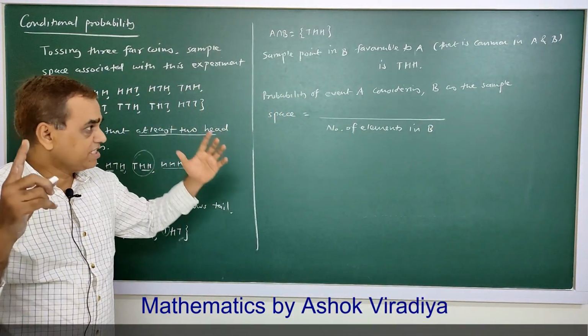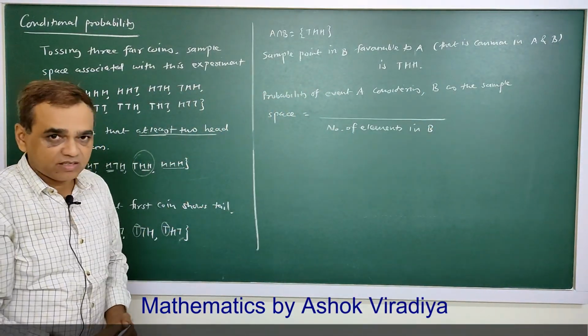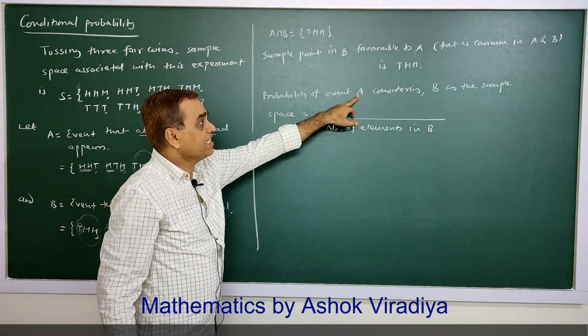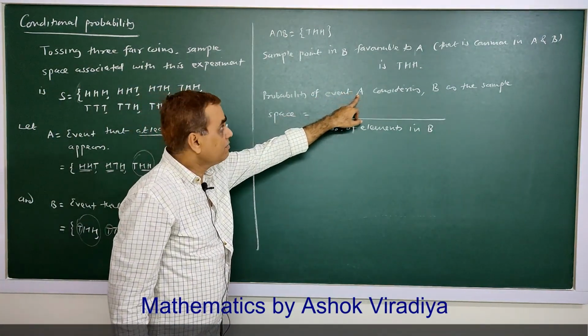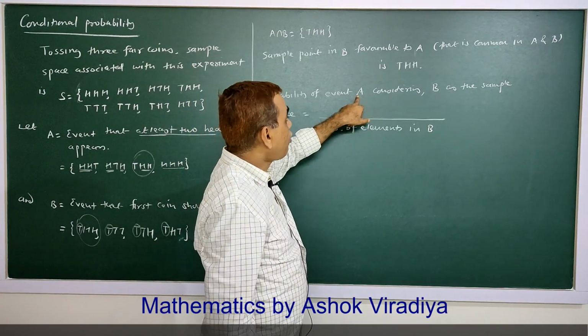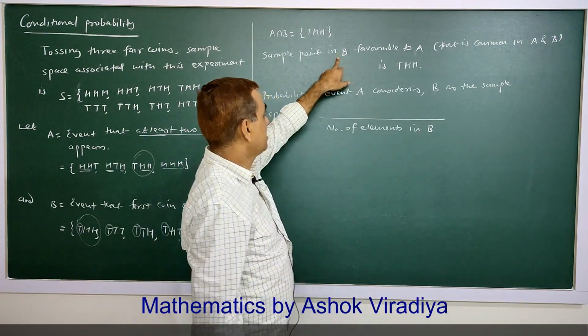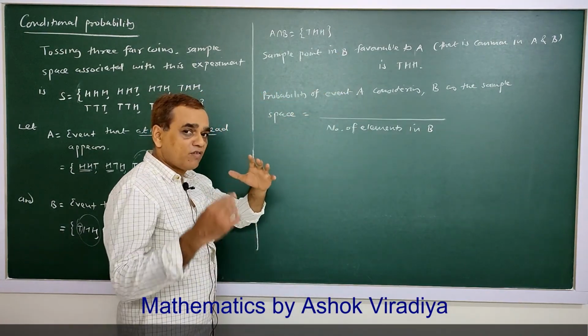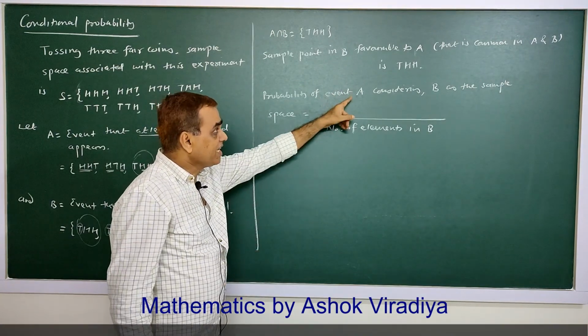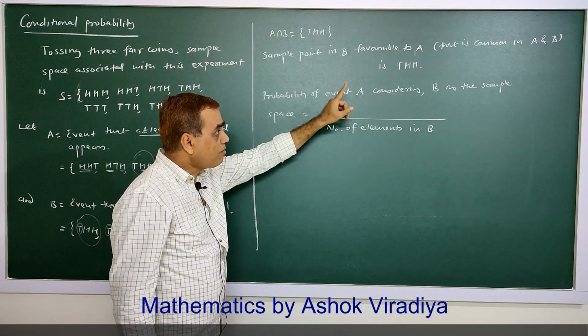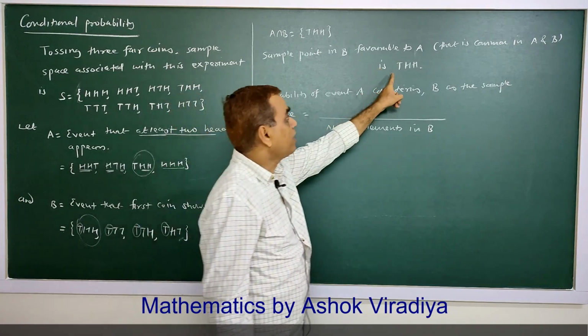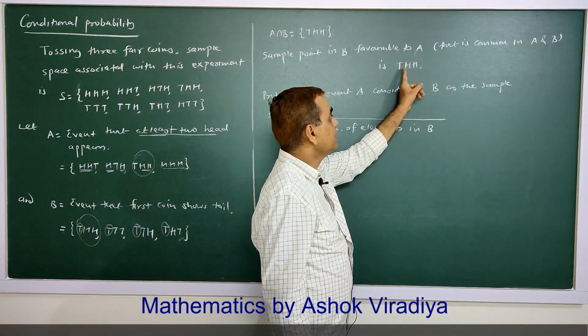The number of elements in the sample space we keep in the denominator, and the number of elements in A which are common in B. So the number of elements in A and common in B is only one element, THH.